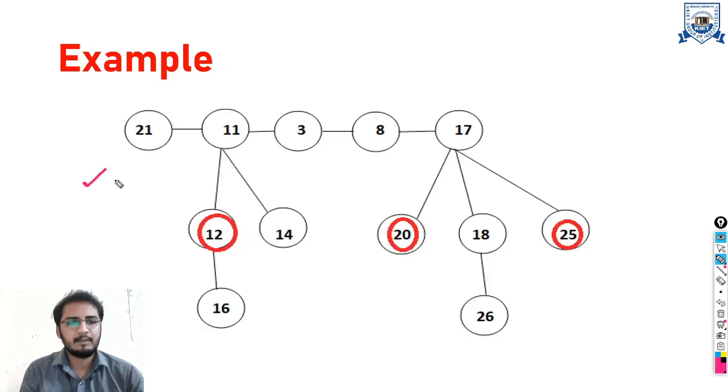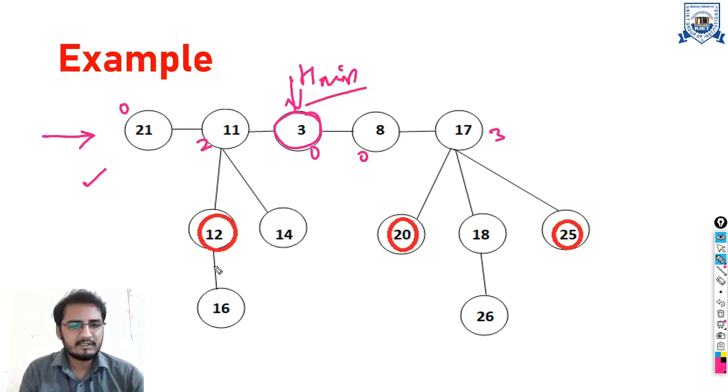Now this is an example of a Fibonacci heap. As you can see, the degree of node 21 is 0, the degree of 11 is 2, the degree of 3 is again 0, here it is 0, and here it is 3. This is the root list, and the minimum element in the root list is 3, so your H min pointer will point to this node.